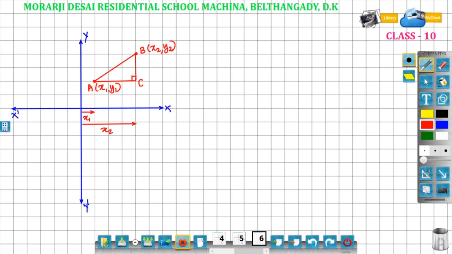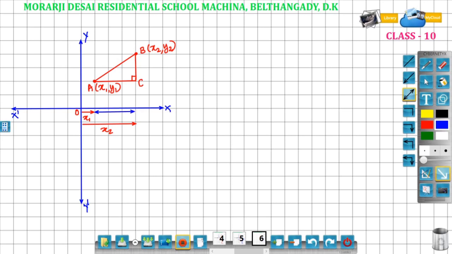Now, the y coordinate of point A is y1 and the y coordinate of point B is y2.